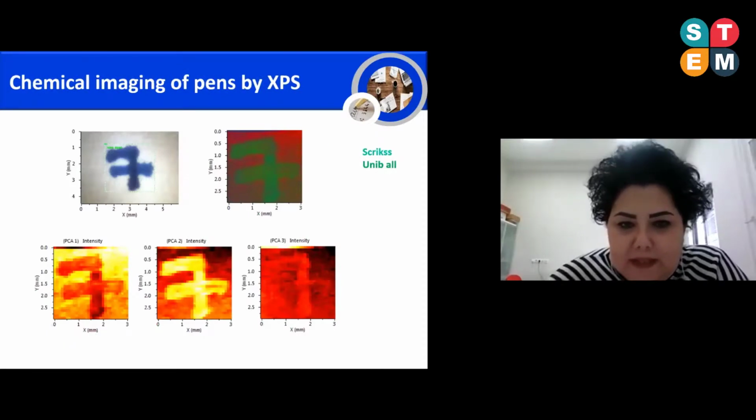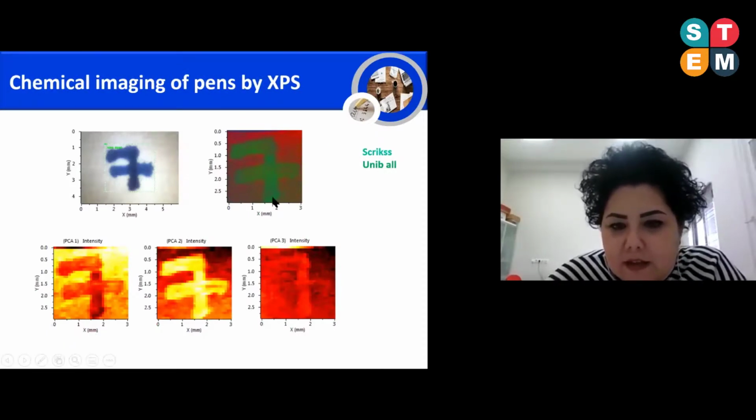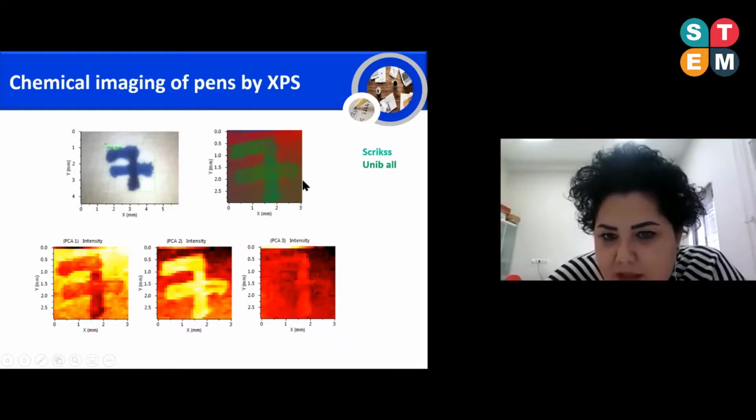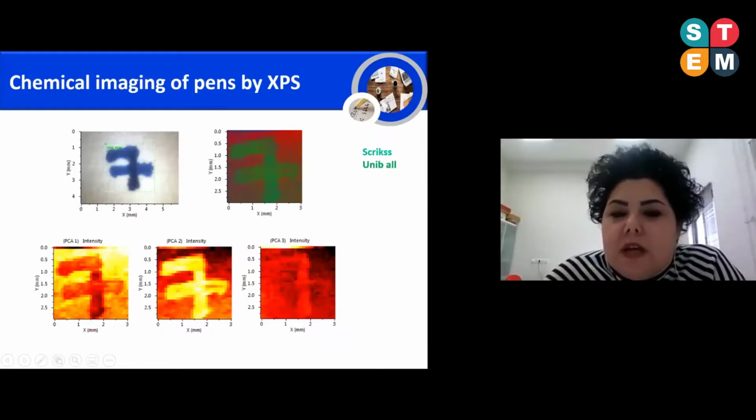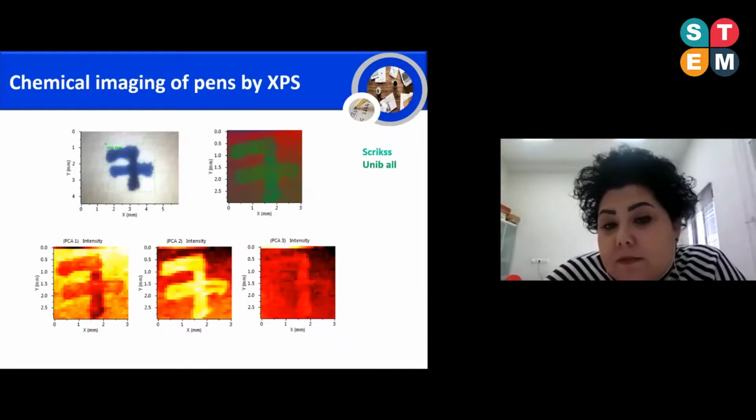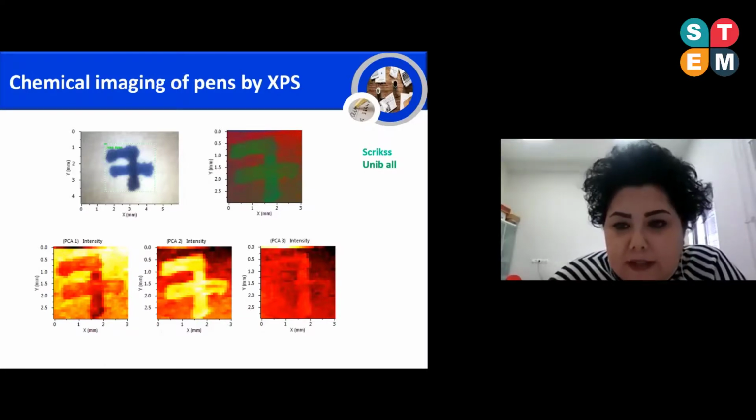Another example is that maybe you cannot discriminate the colors, because when the chemistry of the materials looks like each other, the colors may be very close to each other.